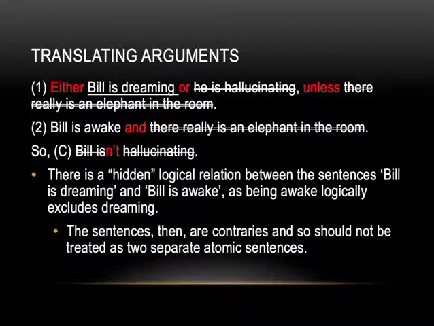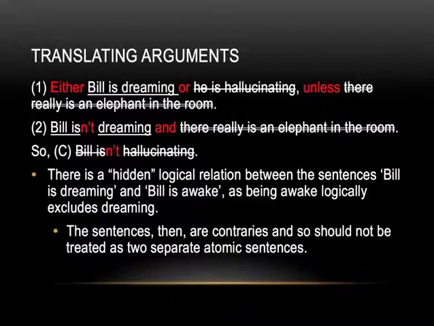On its surface, it may seem that Bill is awake is a fourth atomic sentence, but we need to be careful of hidden logical relations between our atomic sentences. Consider the relation between Bill is awake and Bill is dreaming. Those two sentences are contraries. It's absolutely impossible for them both to be true. That logical connection would be lost if we treated them as two separate atomic sentences. And so we need to posit extra logical structure that's not apparent on the surface.